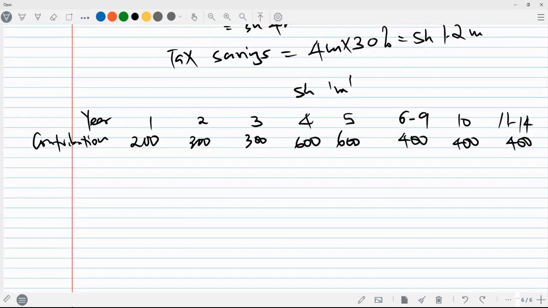Don't forget you're also incurring fixed costs. Every year we shall be incurring a fixed cost of 100 million, so a cash outflow of 100 million every year.